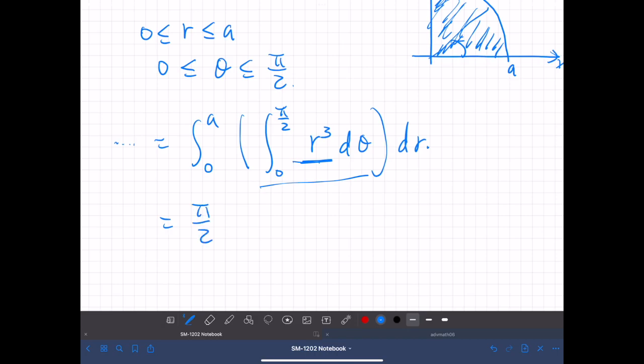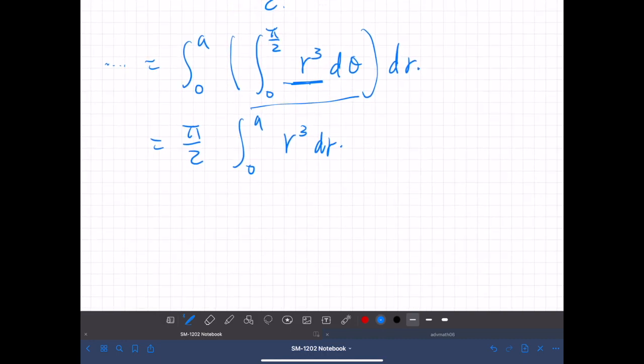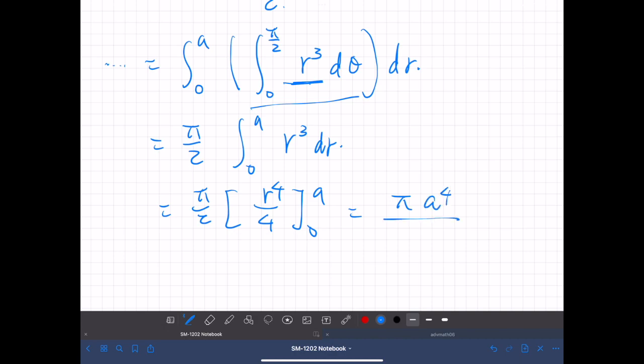That will be pi half, and from 0 to a, that is r to the power of 4 over 4. So that is pi a to the fourth over 8. And that's it.